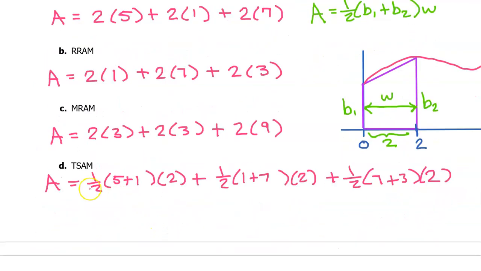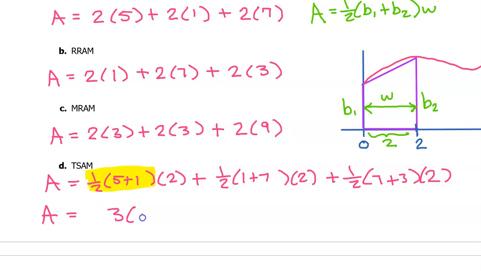And for the College Board and for me, you're welcome to leave it like this. Having said that, many people will go ahead and simplify this portion of each trapezoid because it's so easy to do. So a lot of times you'll see it written this way. So 5 plus 1 is 6, divided by 2 is 3.